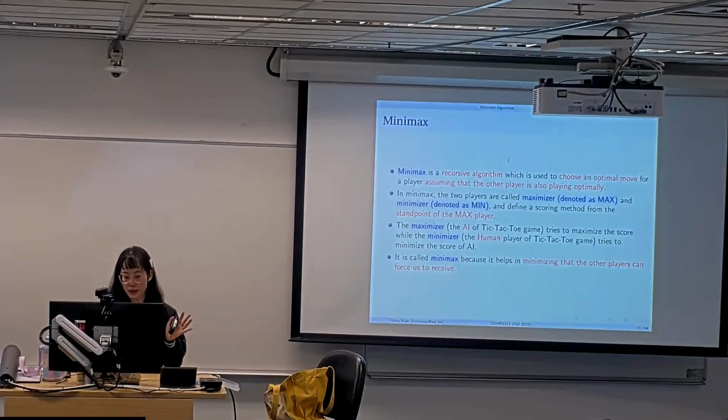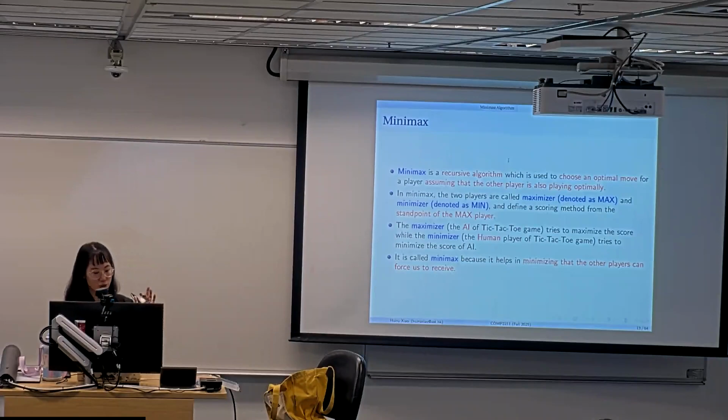Minimax can only deal with two-player games, by the way. Actually, Minimax can only deal with zero-sum games. In this case, we have two players, and we call them the maximizer, denoted as Max, and the minimizer, denoted as Min.